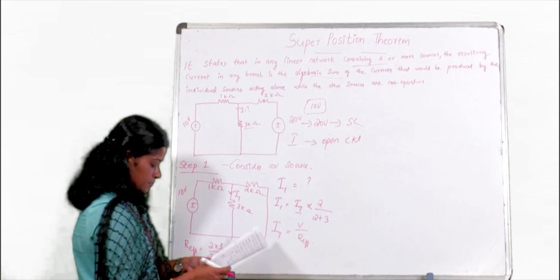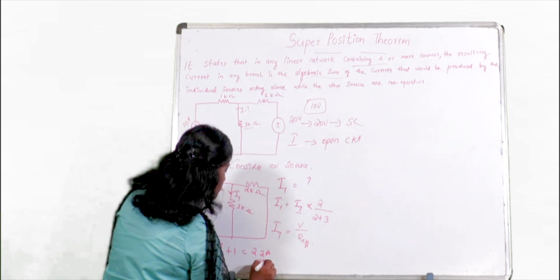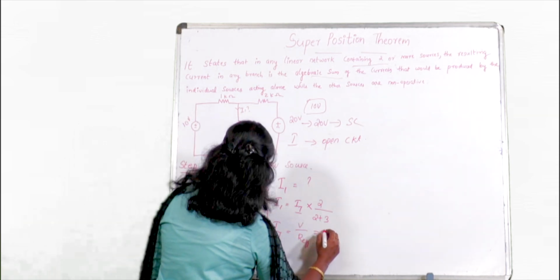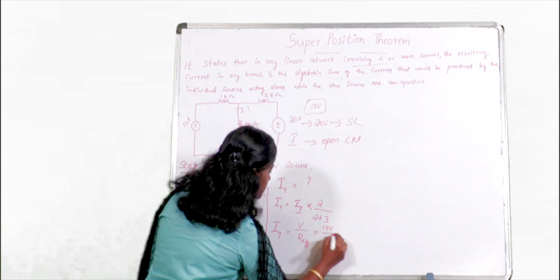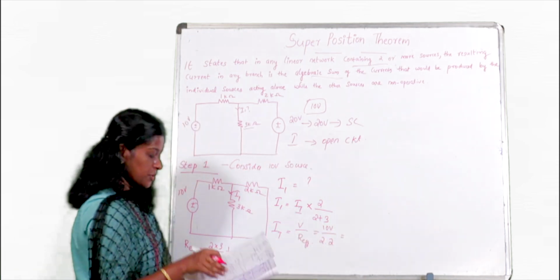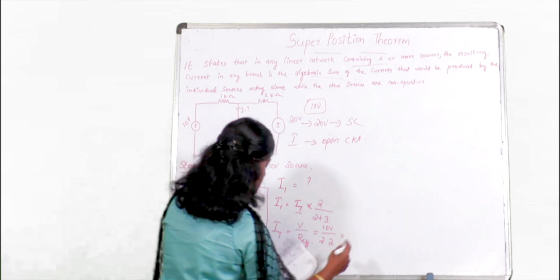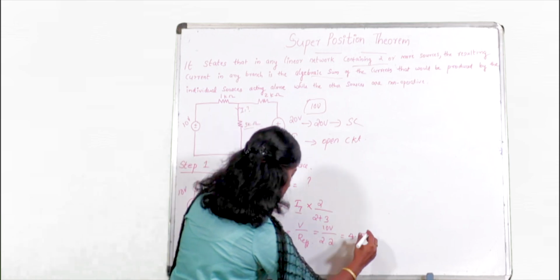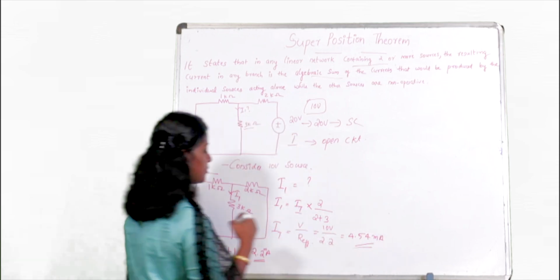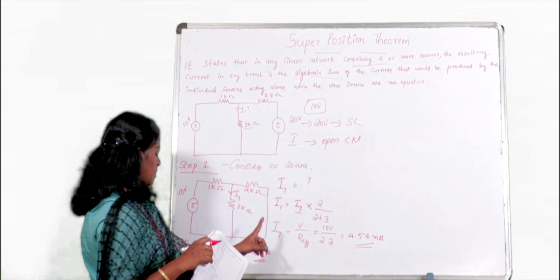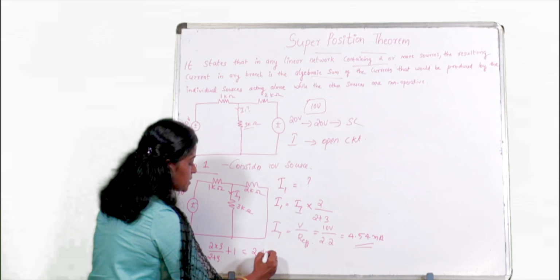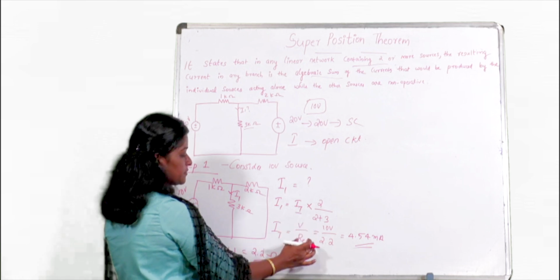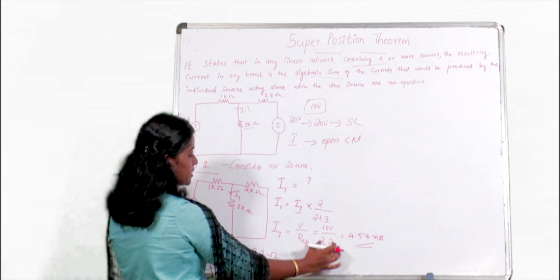So you will get 2.2 kilo ohm. Total current is equal to voltage divided by effective resistance, so that is 10 divided by 2.2.